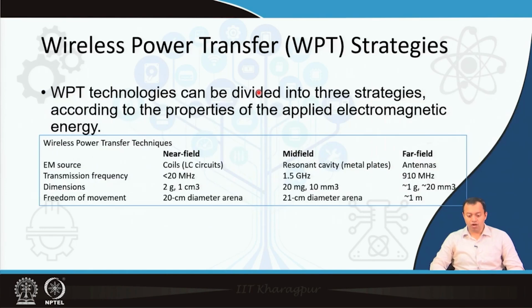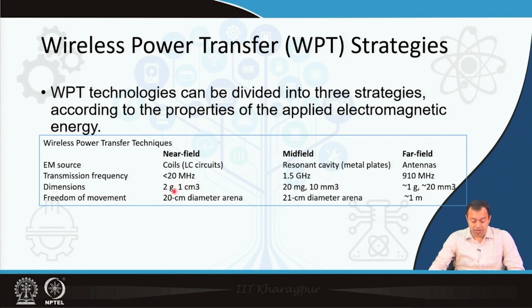So, wireless power transfer strategies are then being explored. WPT technologies can be divided into 3 stages: near field, mid field and far field. You need to have antennas, LC circuit or metal plates. RF and microwave people know this very well. The transmission frequency ranges from 20 megahertz to 1.5 gigahertz, that is basically 1G or 2G level.